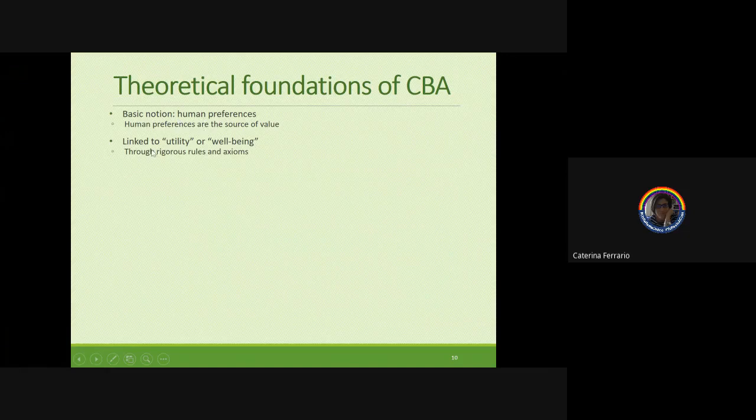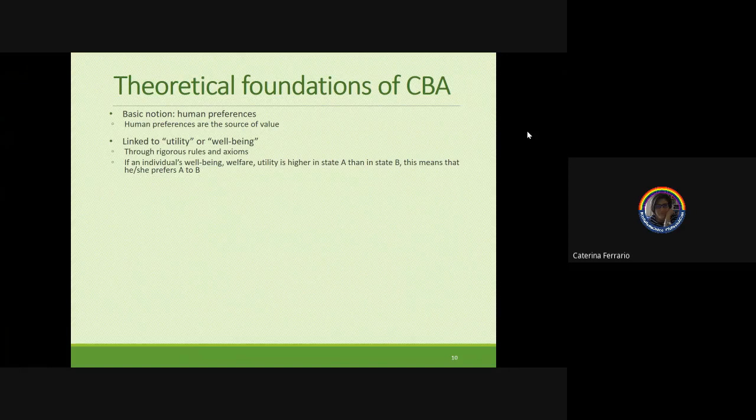These preferences are linked to individuals' utilities through very rigorous rules and actions. You have already seen this in the discussion we had last week with the presentations of your colleagues. Cost-benefit analyses are based on very well specified and rigorous rules.